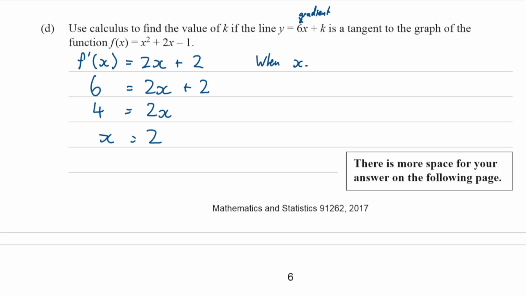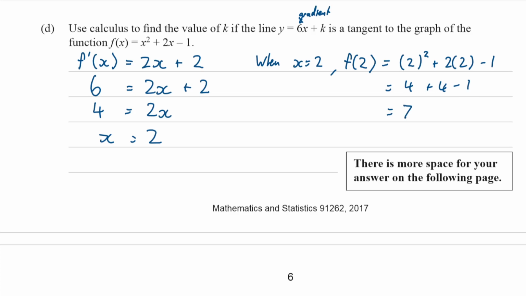So when x equals 2, f of x equals, I guess correct notation would be f of 2, just to show that I'm substituting 2 into the function f, right? 2 squared plus 2 times 2 minus 1, 4 plus 4 minus 1, which gives 7.